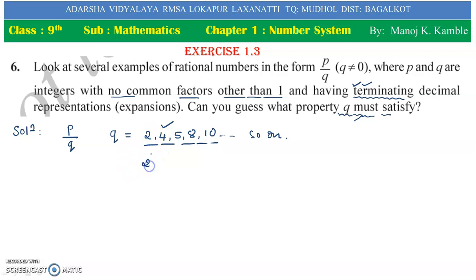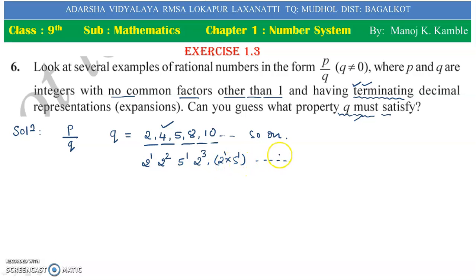Here 2 means 2 raised to 1, 4 means 2 raised to 2, 5 means 5 raised to 1, 8 means 2 raised to 3, 10 means 2 into 5 raised to 1 and so on.